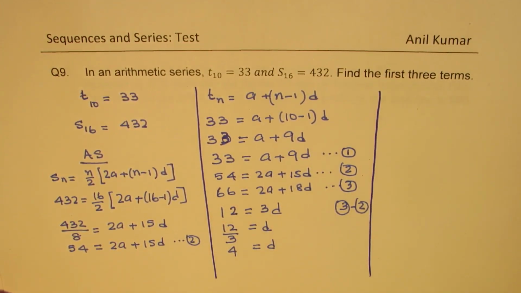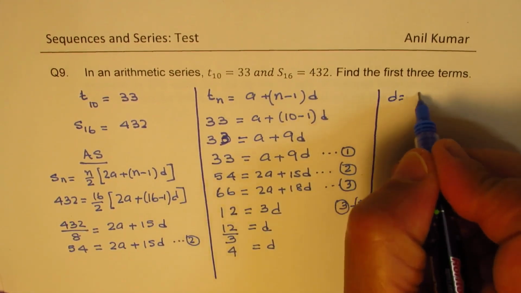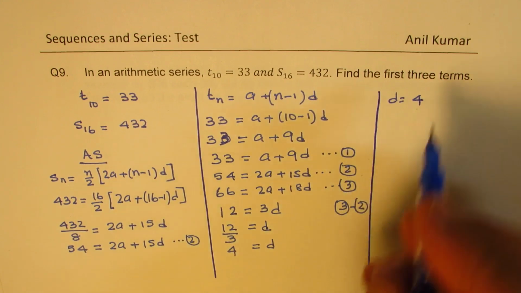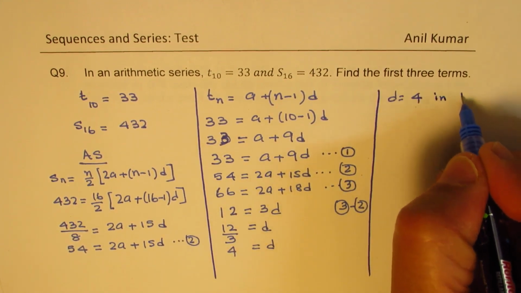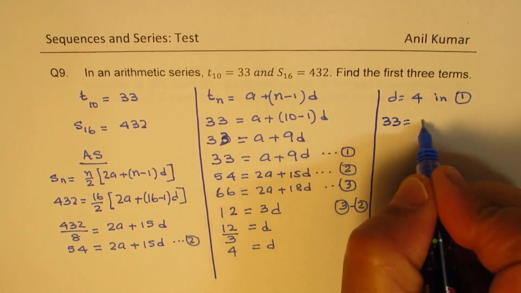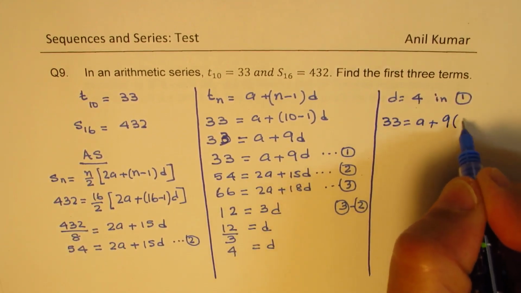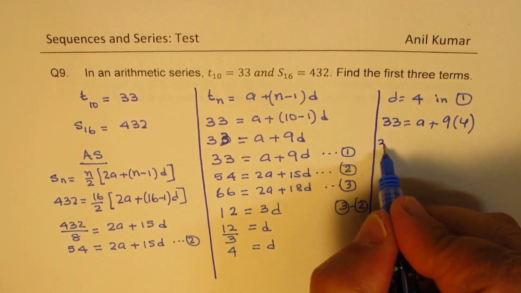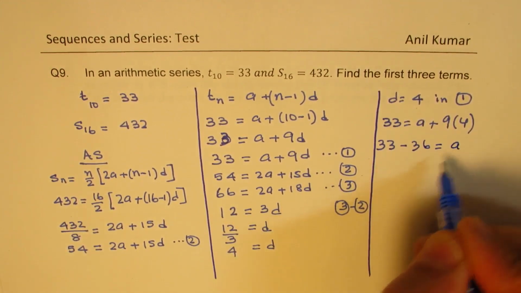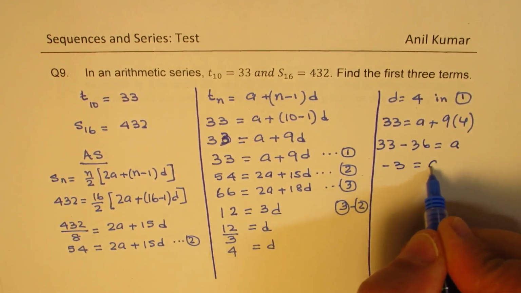Now, since we know what d is, we can find the value of a using one of our equations. Let's substitute this in equation 1, which is 33 equals a plus 9 times d, where d is 4. So we get 33 minus 9 times 4, which is 36, equals a, or minus 3 is the value of a.